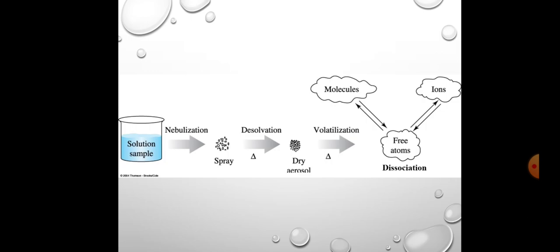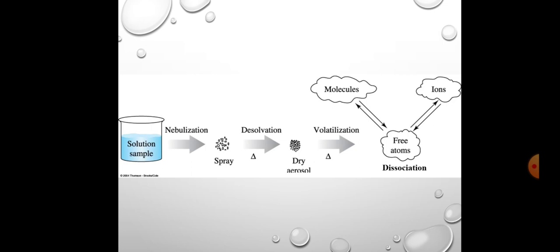Here you can see what will happen with a sample that is introduced to the atomizer by nebulization. On the left side, we have a sample solution in a beaker. By nebulization, we will make the sample into very tiny droplets that we can call a spray or a mist.